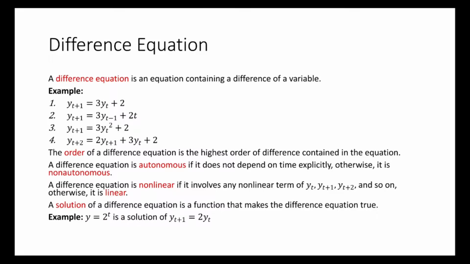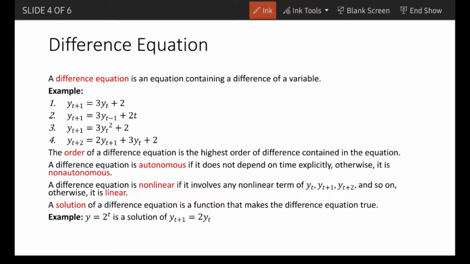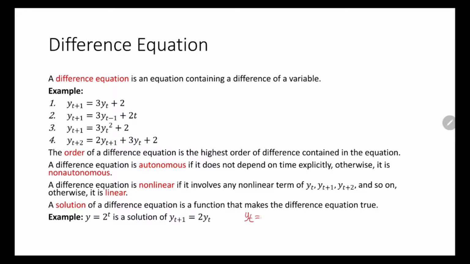So for example, if we have this difference equation y_{t+1} = 2y_t, then y = 2^t is a solution. Why is it a solution? Because if y_t is equal to 2^t, then of course we have y_{t+1} equal to 2^{t+1}.